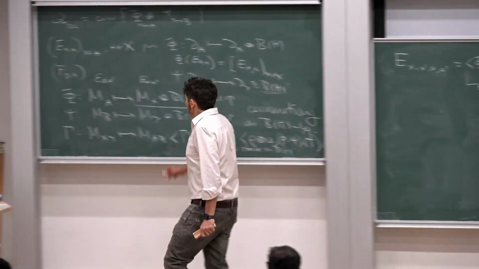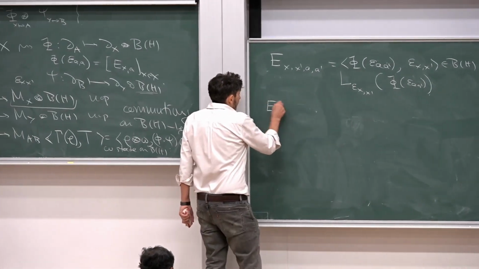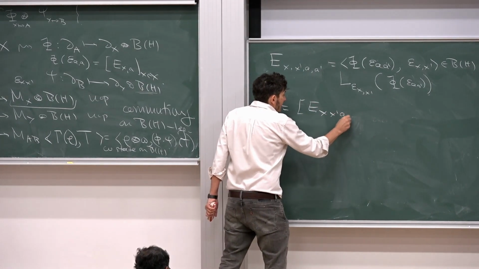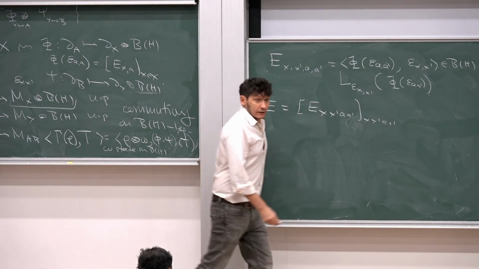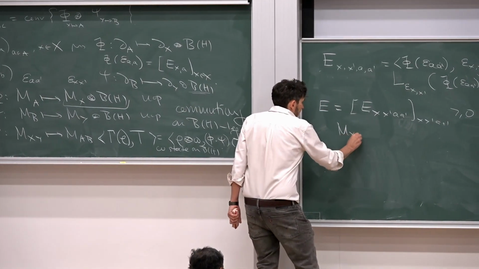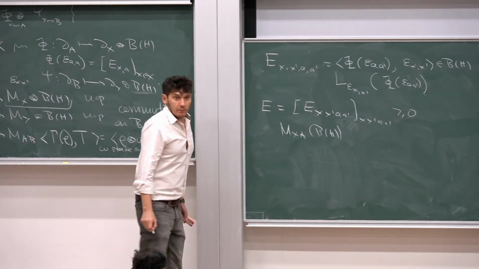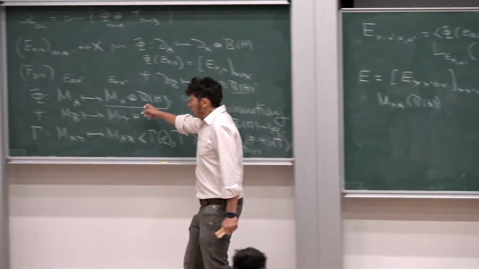Equivalently, this UCP map is the same requirement as the following. Now, if I form the operator matrix E_{x',a'} over all x, x' and a, a', this will be a non-negative matrix. It lives in the whole XA with coefficients in B of H. Over there, it will be a positive matrix, and the unitality I need to encode somehow.